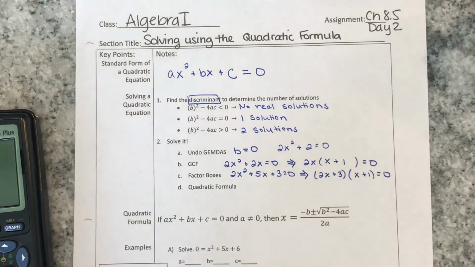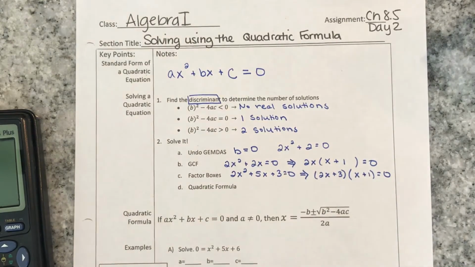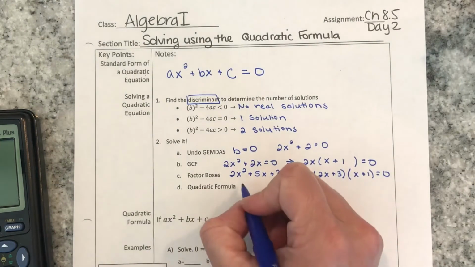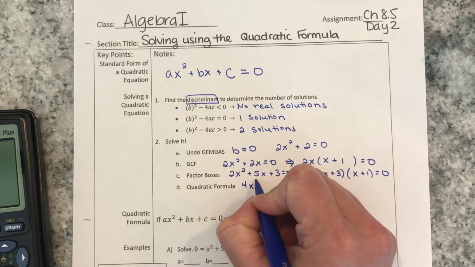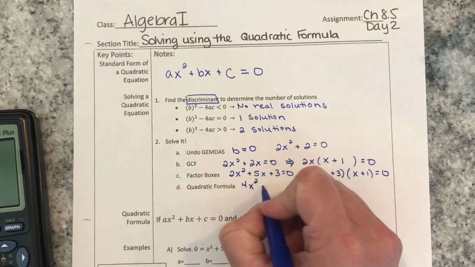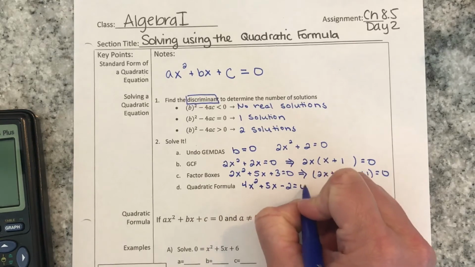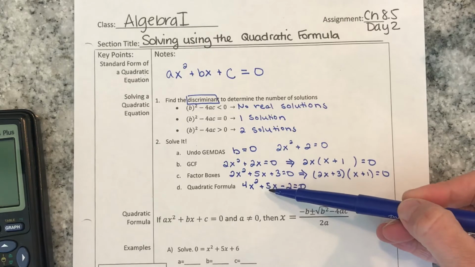And then sometimes you hit a point where you have something like 4x squared plus 5x minus 2 equals 0. And you're like, okay, well, I can't undo the order of operations because I have a b value.